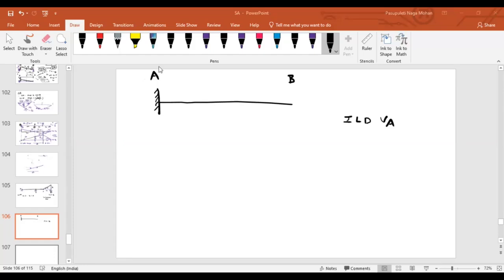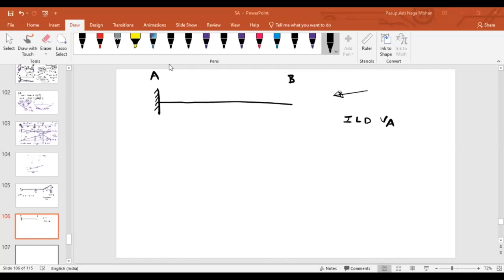Which one? ILD for VA. Take some time, think for yourself, and get back to me in 1 minute. Just think for yourself and let me know which one is correct.